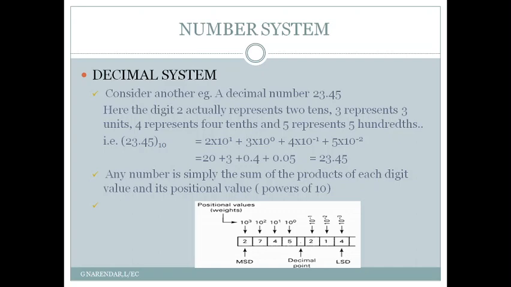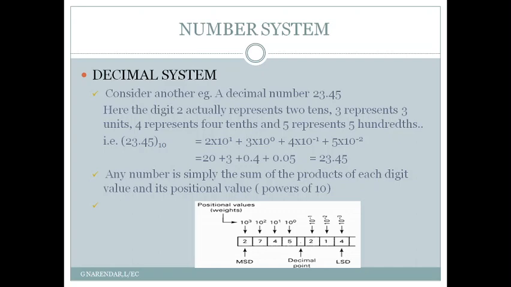And the position values will be 10 power minus 1, 10 power minus 2, and 10 power minus 3 as we move towards the right, away from the decimal point. And these position values are mentioned as the powers of 10 because the base of the decimal system is 10.